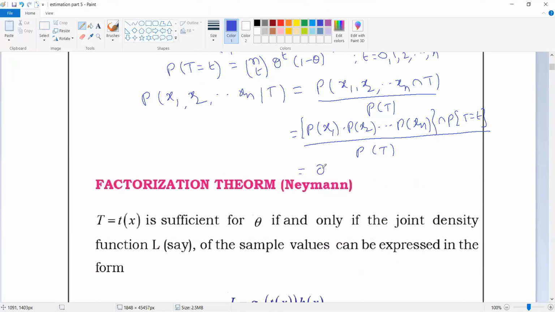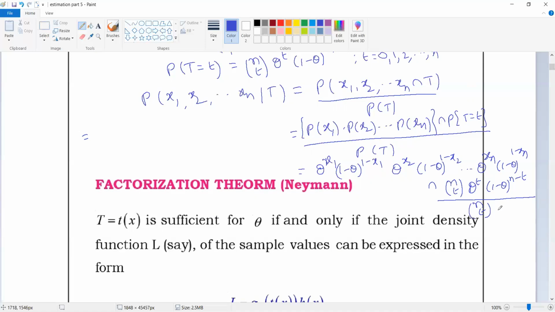Now here is theta power x1, 1 minus theta whole power 1 minus x1, theta power x2, 1 minus theta whole power 1 minus x2, and so on, theta power xn, 1 minus theta whole power 1 minus xn, intersection nCt theta power t, 1 minus theta whole power n minus t, divided by nCt theta power t, 1 minus theta whole power n minus t.